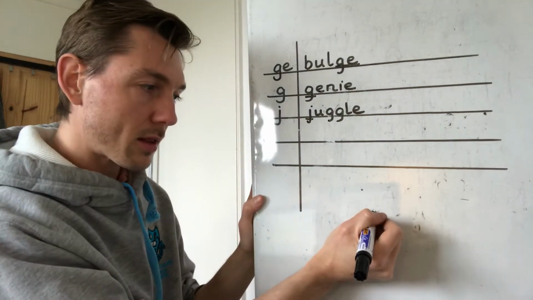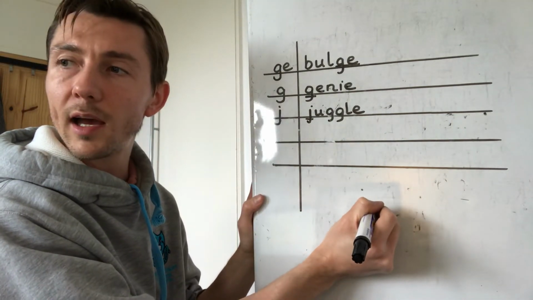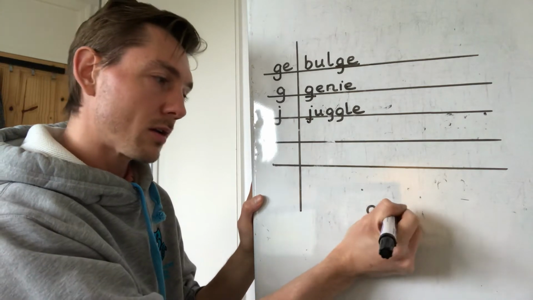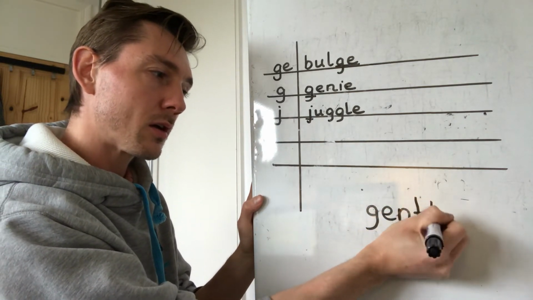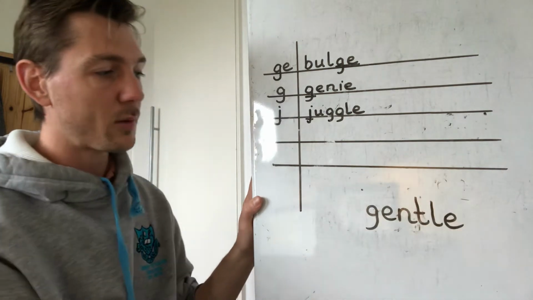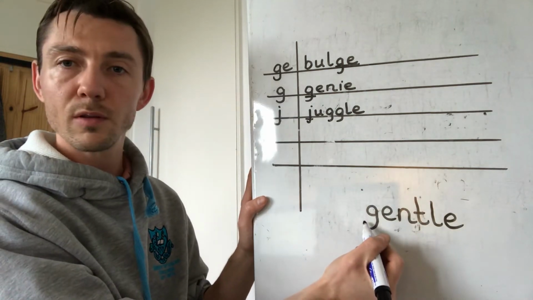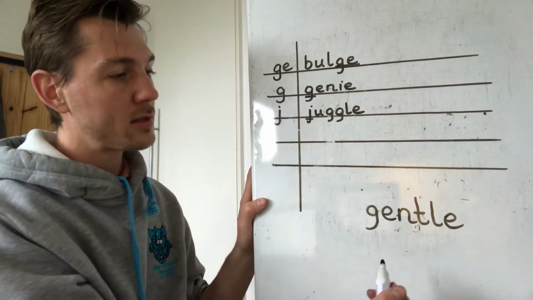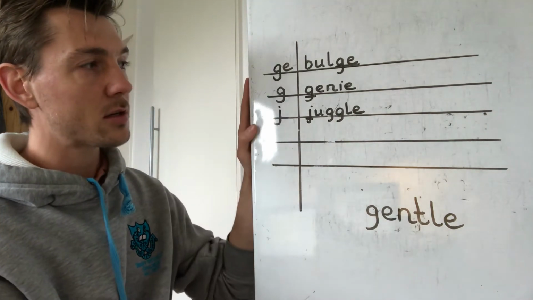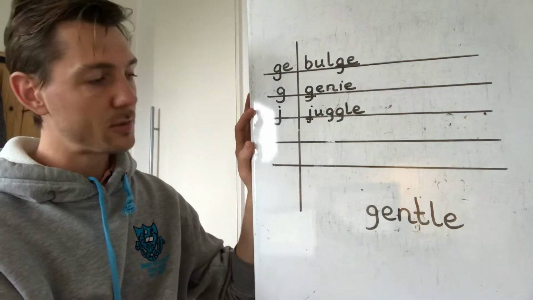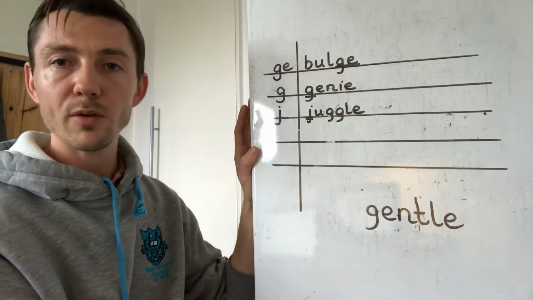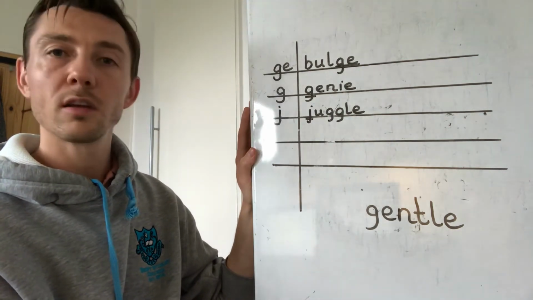Okay. Next we have, okay, the word is 1, 2, 3. Gentle, good. So are we going to add it to one of these 3 sections according to its j spelling, or is it a new j spelling? Over to you.